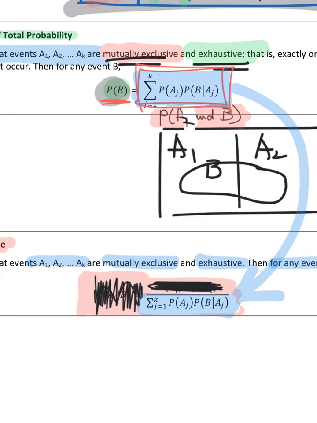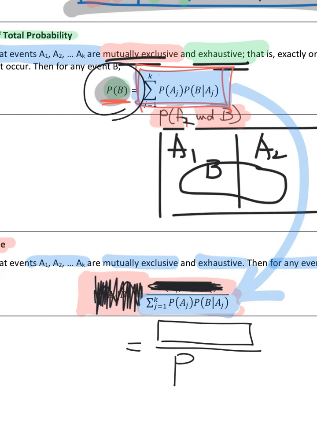Okay, let me rewrite. I raised the numerator, but the denominator was the same as the probability of B, by the rule of total probability.